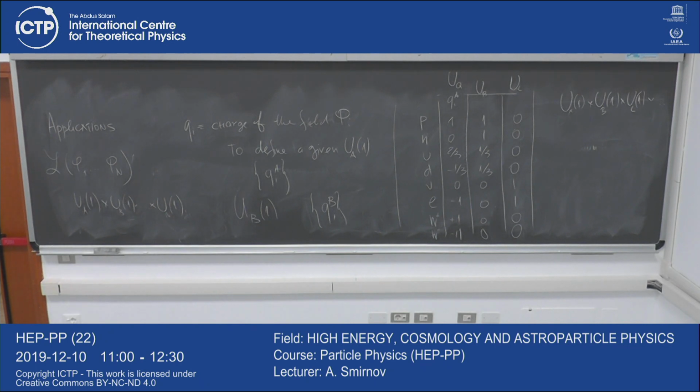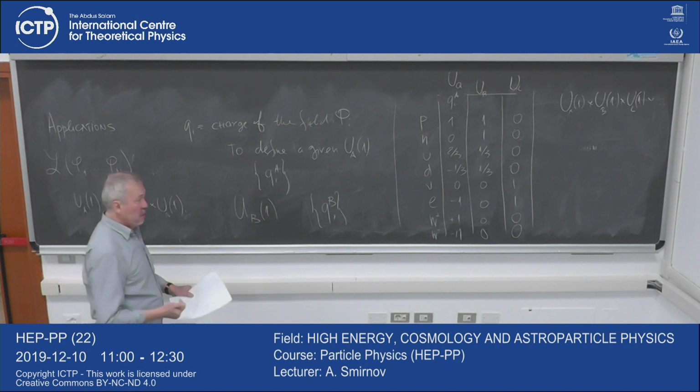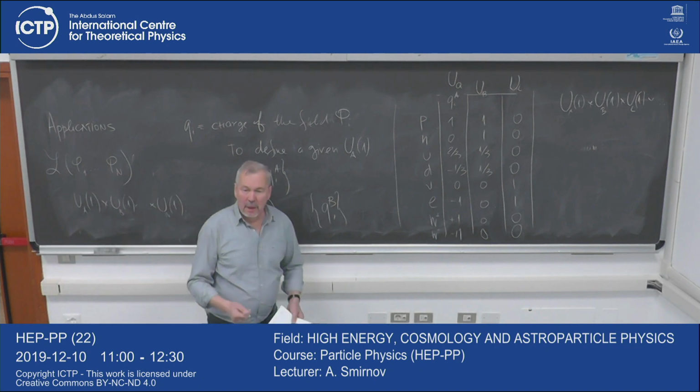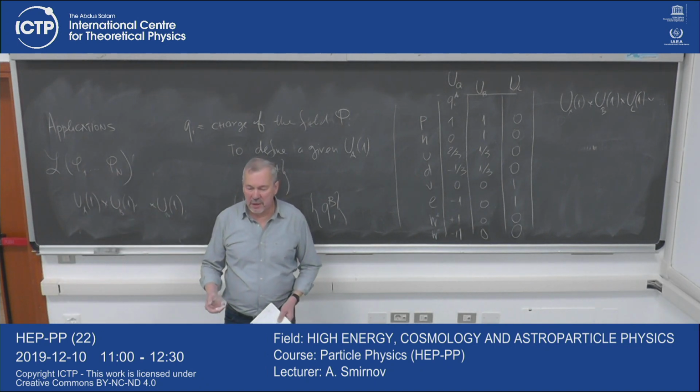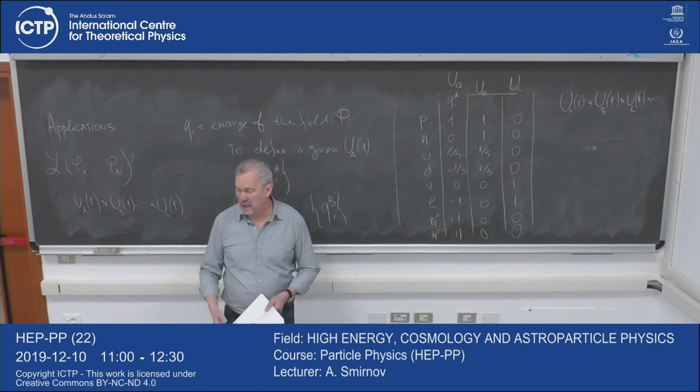In the theory, I can introduce many U1 symmetries with different assignments. I only need to check whether my Lagrangian is invariant with respect to these transformations, and whether I am introducing something new or just a symmetry which is not independent of other symmetries.